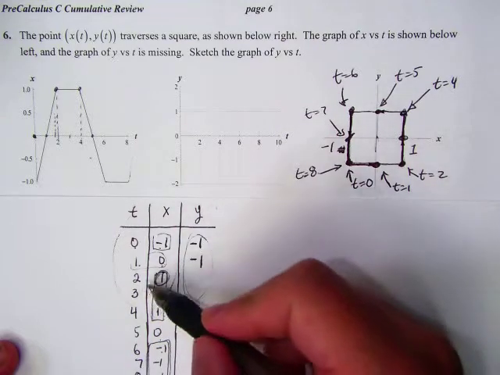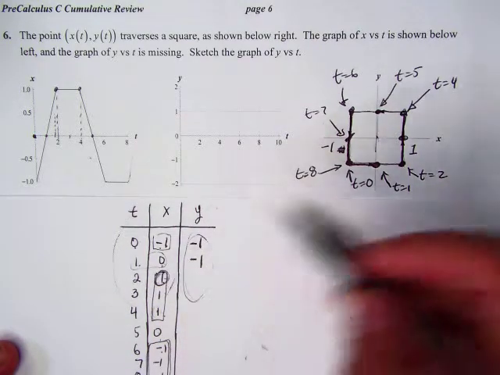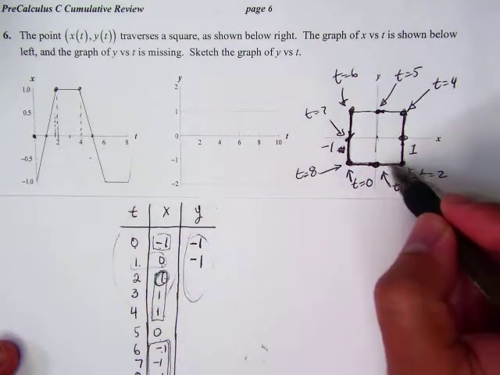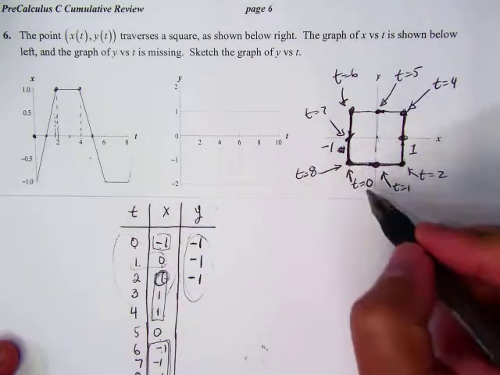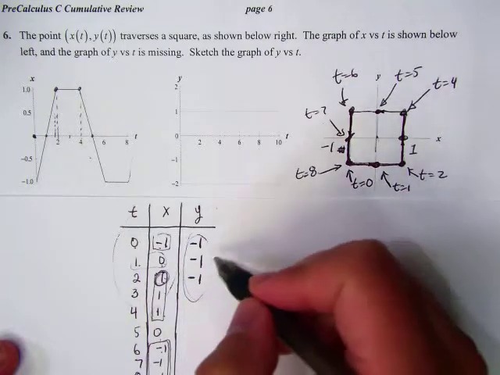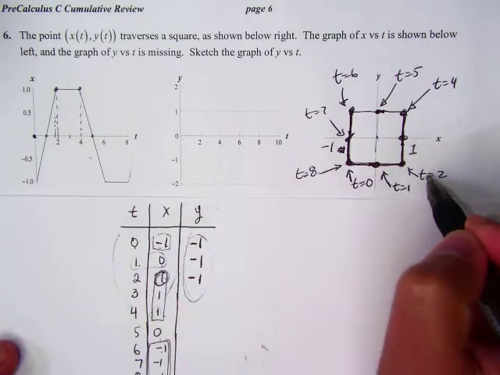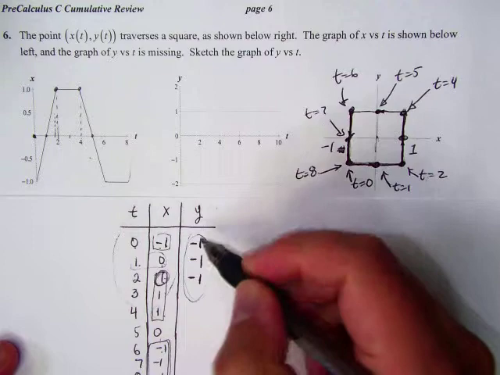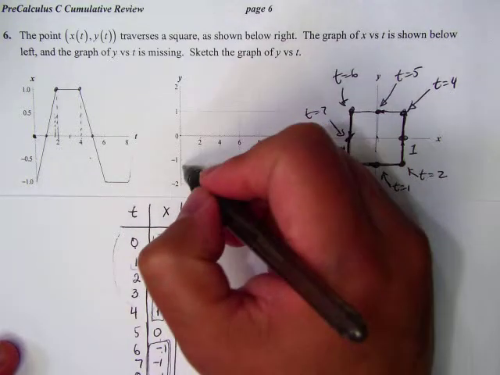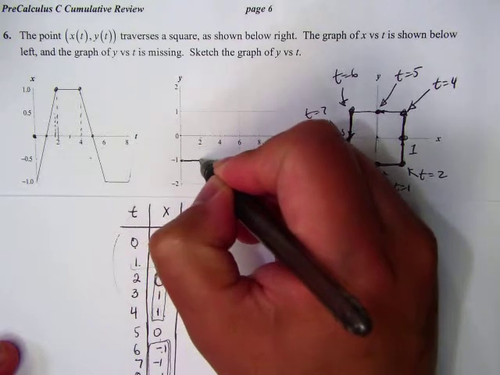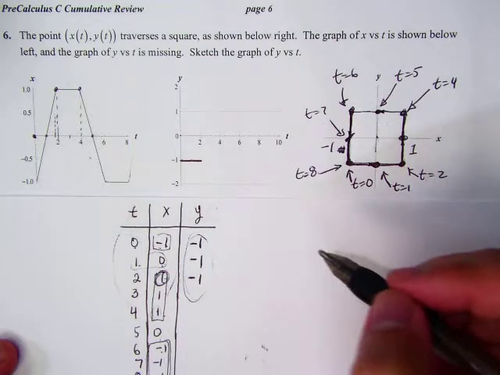T is equal to 2. X goes to 1. However, y is still at negative 1. So t equals 0, t equals 1, t equals 2, y stays at negative 1. So from t equals 0 to 2, y is negative 1. That would make sense right there.